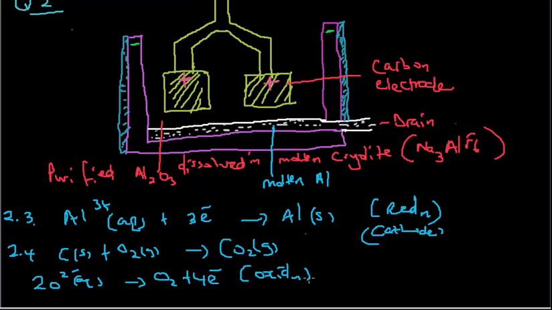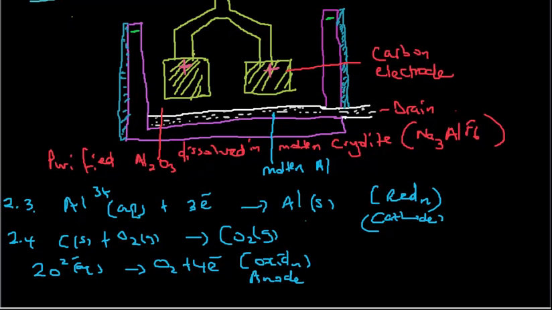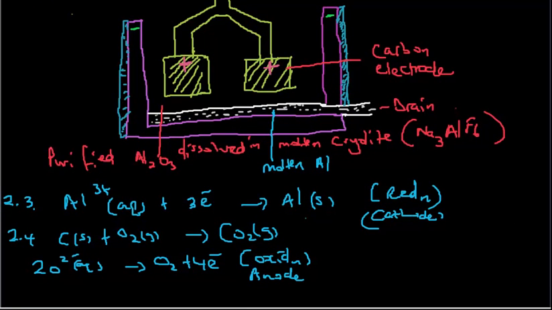This is an oxidation reaction which is taking place at the anode. So at the anode we are producing oxygen. This is the oxygen which is now reacting with our carbon electrodes. Therefore, we produce carbon dioxide in the process. So that's why carbon dioxide is formed at one of our electrodes.